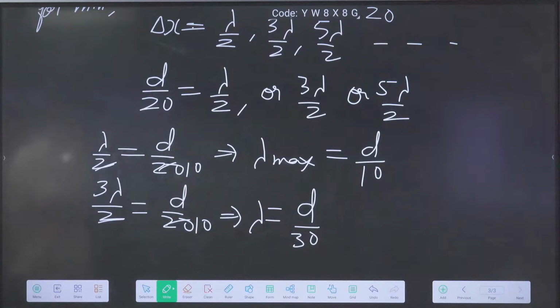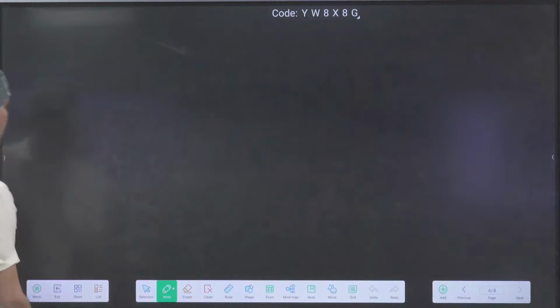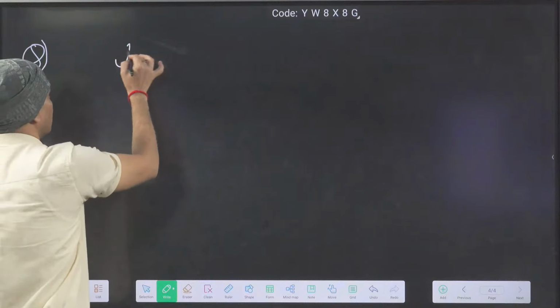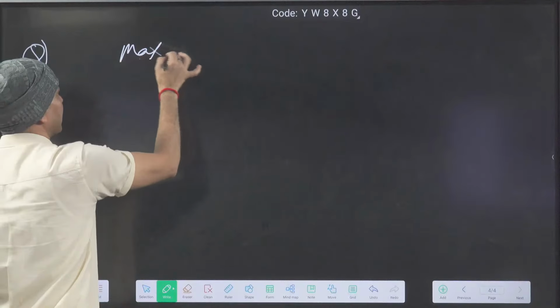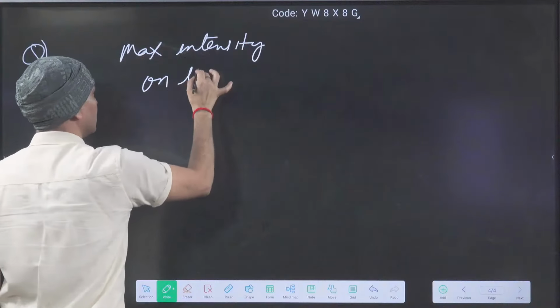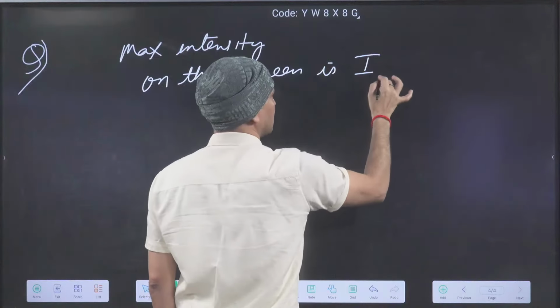Okay. Everybody got it? So suppose I am saying the maximum intensity on the screen is I naught.